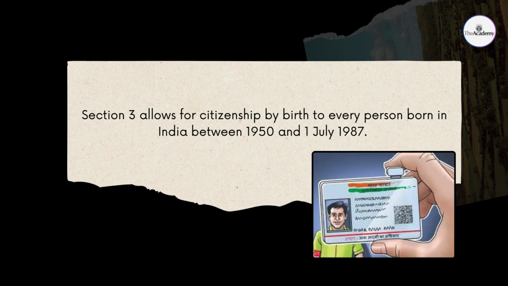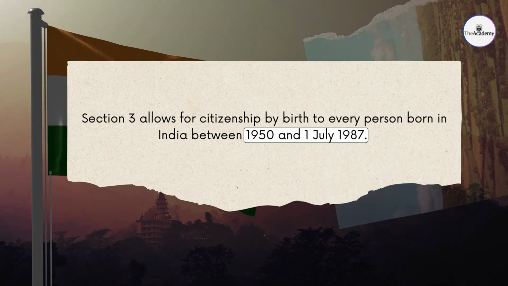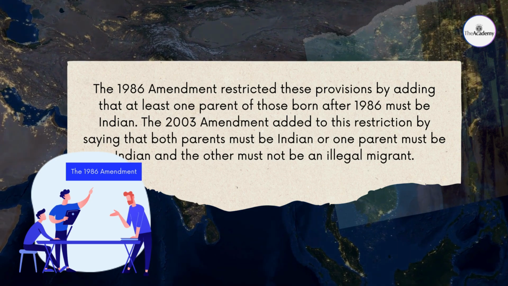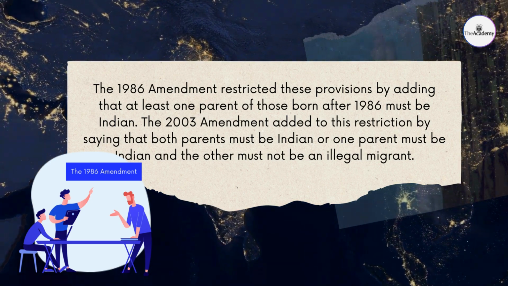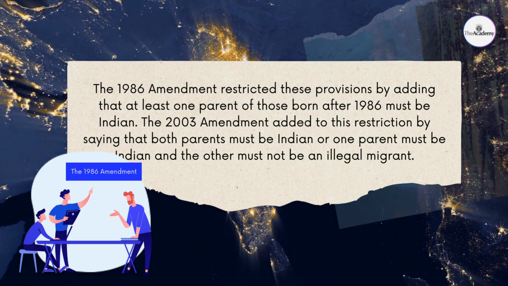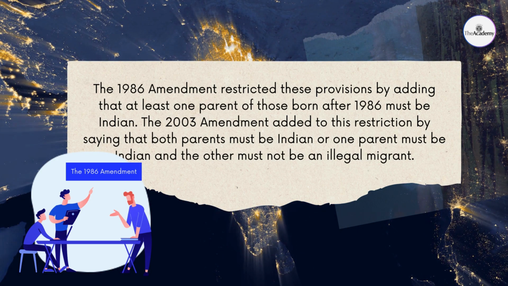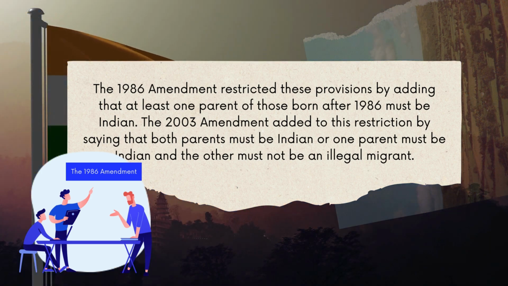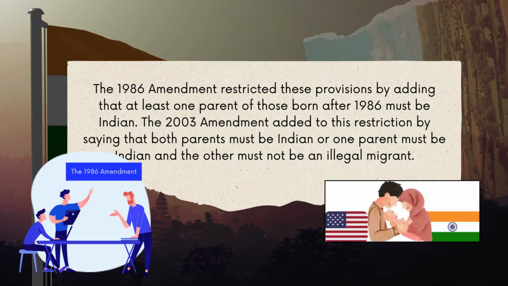Section 3 allows for citizenship by birth to every person born in India between 1950 and 1st July 1987. The 1986 amendment, that is the first amendment to the Indian Citizenship Act 1955, restricted these provisions by adding that at least one parent of those born after 1986 must be Indian.